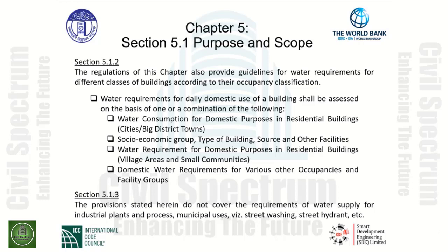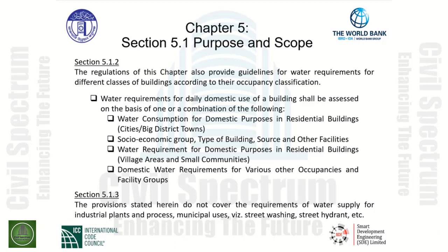A scaled down version of what we found in the residential buildings up above for cities and big district towns. So based upon the use, location, and size of the residential buildings, there are two different methods here to figure the demand of this system.